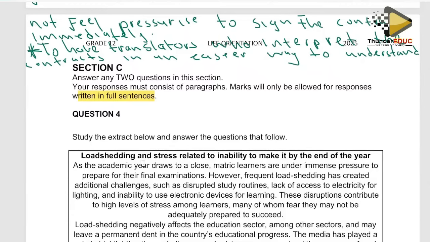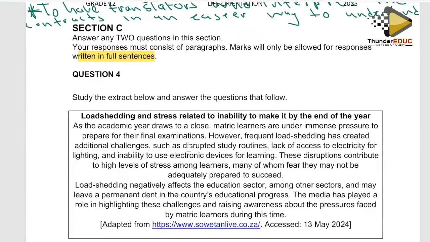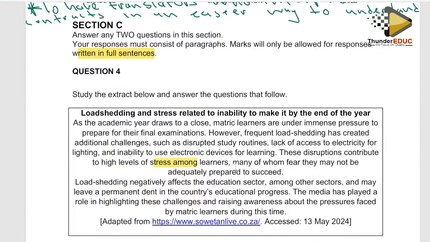Load shedding and stress related to inability to make it by the end of the year. As the academic year draws close, matric learners are under immense pressure to prepare for their final examinations. However, frequent load shedding has created additional challenges such as disrupted study routines, lack of access to electricity for lighting, and the inability to use electronic devices for learning. These disruptions contribute to high levels of stress among our learners, many of whom fear they may not be adequately prepared to succeed.